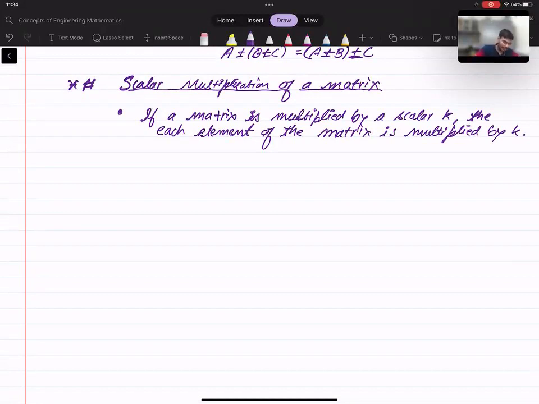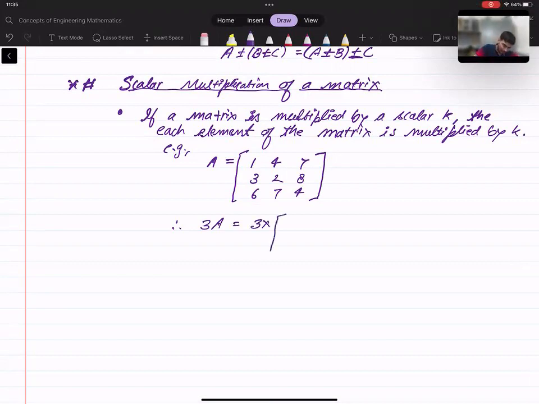So let us understand this with the help of an example. Say we have a matrix A, which is 1 4 7, 3 2 8, 6 7 4. Okay. And suppose we multiply this matrix by some scalar value, say 3. So 3A will be equal to 3 into this matrix.